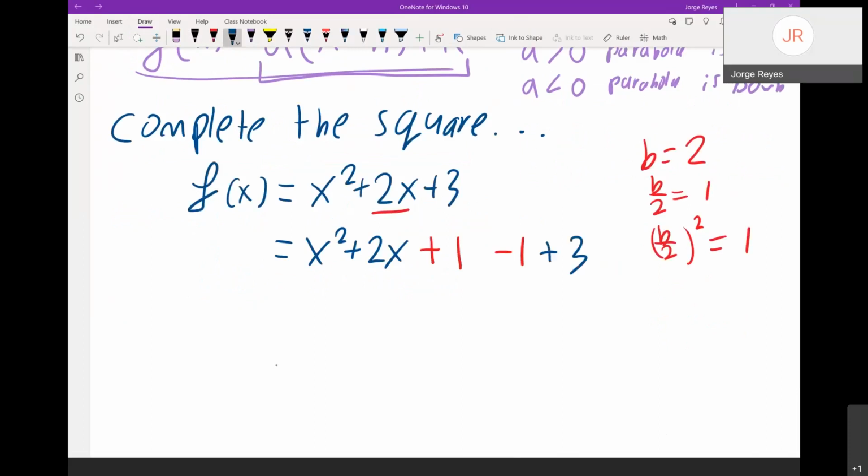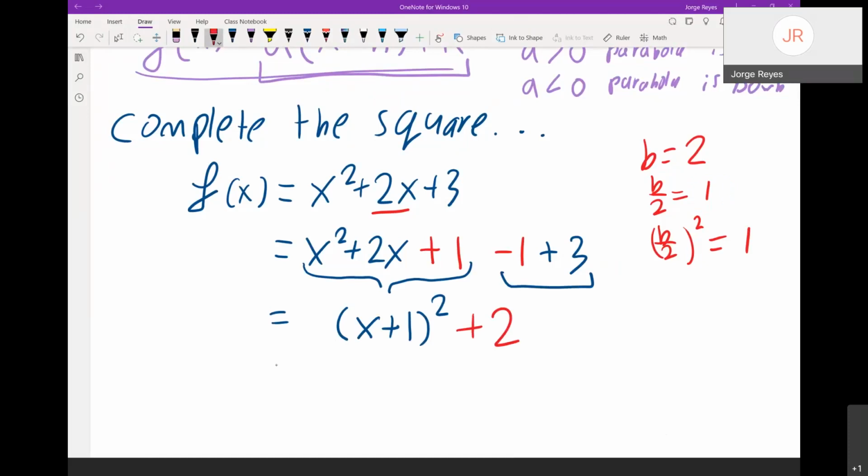And the plus 3, I don't really care. It just goes off to the side. Now, by the completing the square formula, this becomes (x plus 1) squared. And then this is 2.